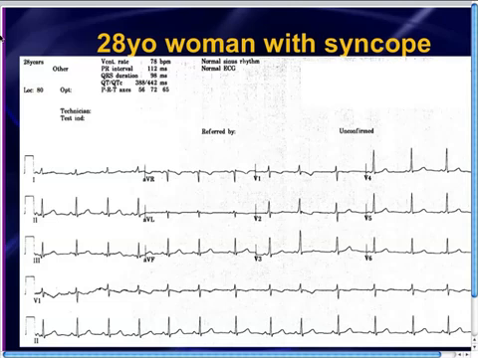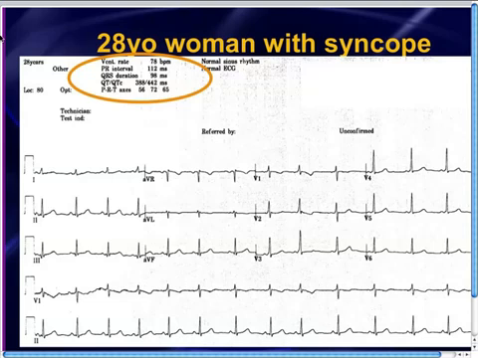We're also going to worry about tachy and brady dysrhythmias, but there's a few other things you've always got to look for. One of the things you've got to look at in every EKG, especially the syncope EKGs, is the intervals, because if you don't, you're going to miss some critically important diagnoses.